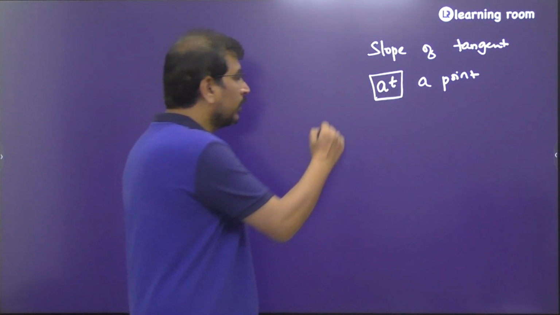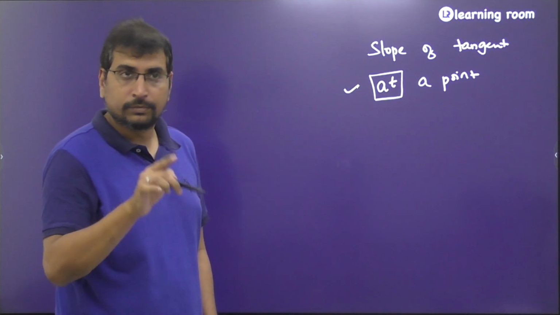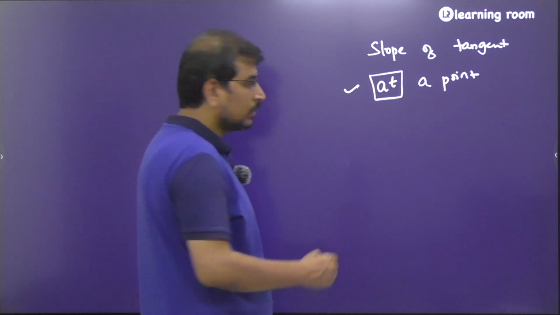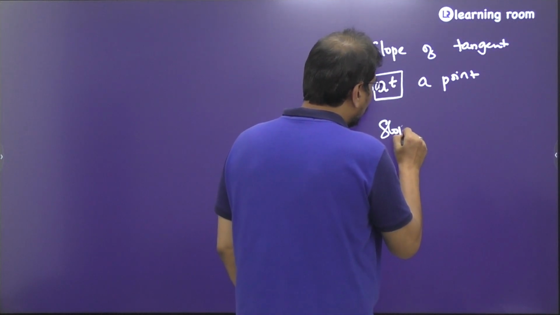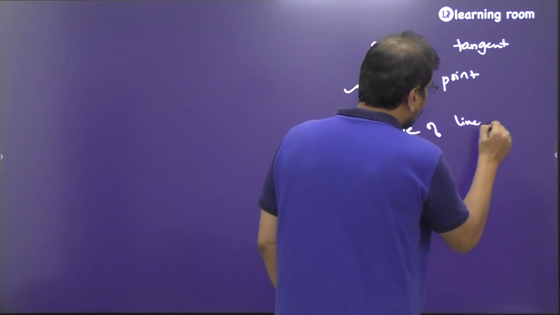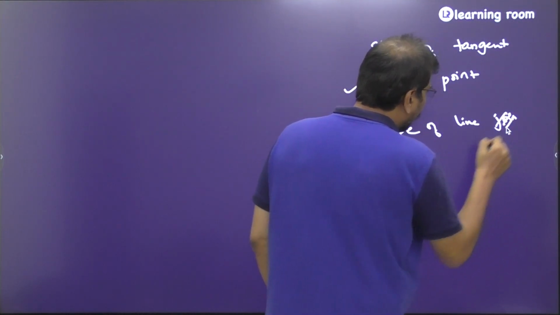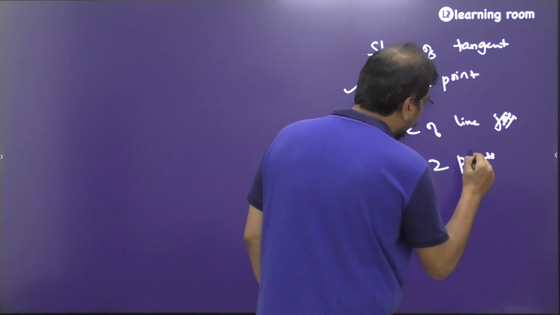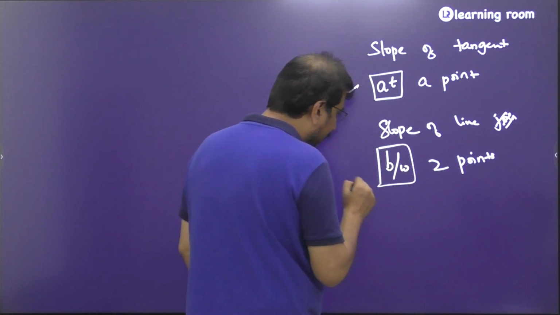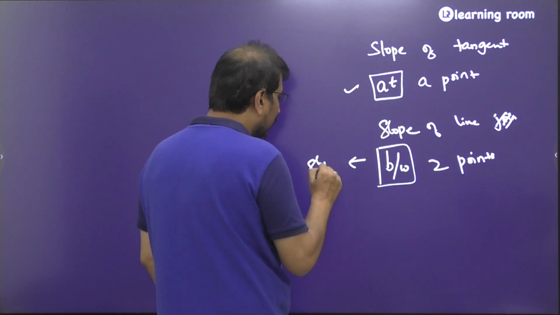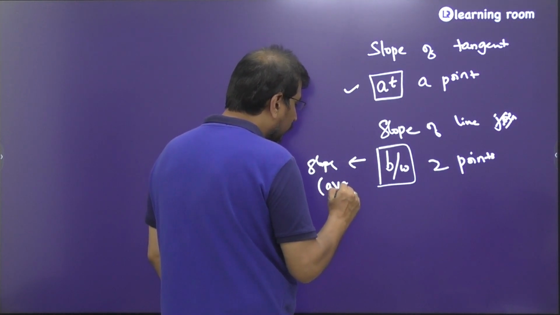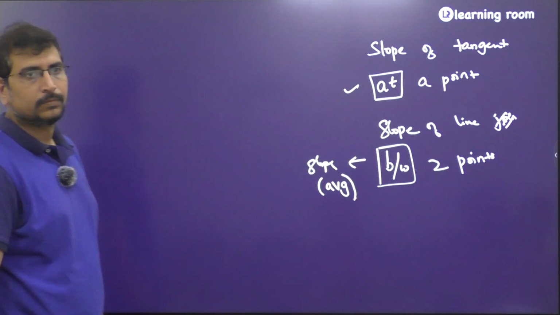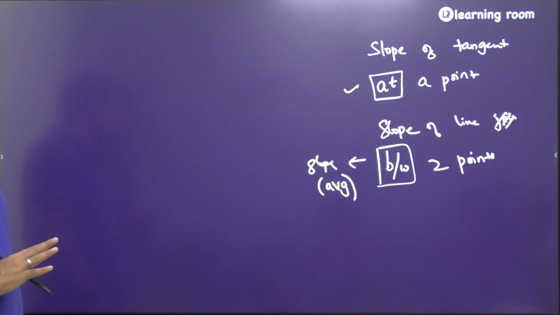So if you see the word at, you need to differentiate. Slope of a line between two points: if you see the word between, you will directly find the slope, which is going to give you the average value. This is what you need to do.